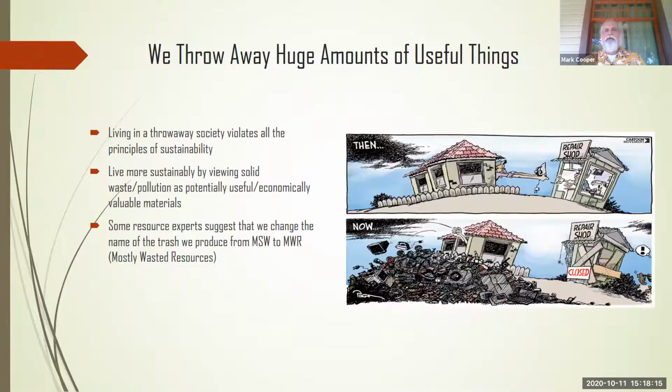All right, just to make sure you understand, we are now in a throwaway society, and we throw huge amounts of useful things away. This throwaway society is against every sustainable principle that we have. Anytime that you're throwing stuff away, it just is not functional. And we used to have repair shops.